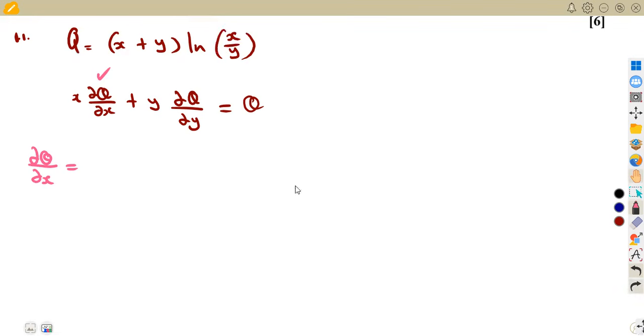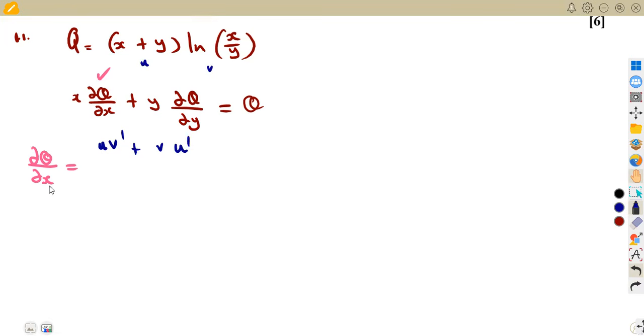That means we are supposed to apply the product rule. There's a function here, and it's also a function there. Remember, the product rule states that you're going to have u times the first derivative of v, plus v times the first derivative of u, where this is our u and this is our v.